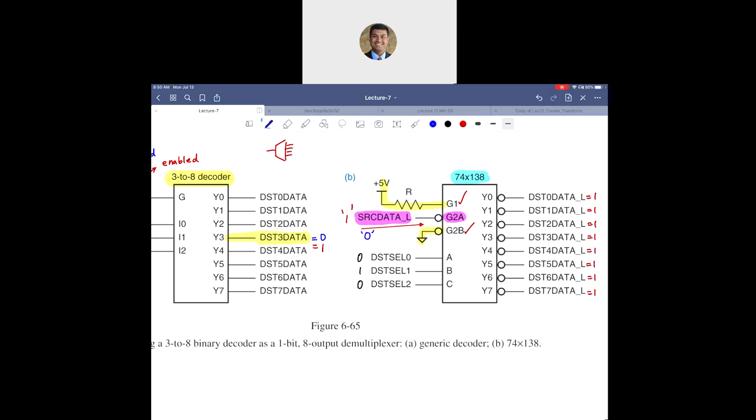Alejandro, the select lines are active high, so you would read this as 010, which is the second line. So Y2 will be active, which means 0, and all the others will remain at 1.